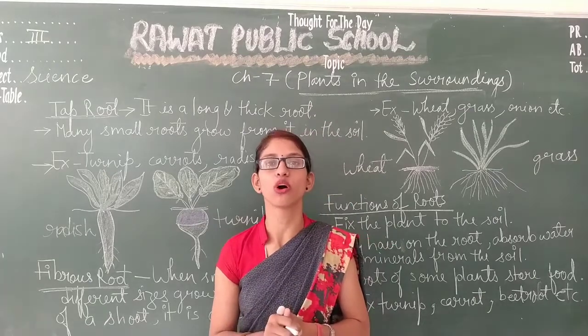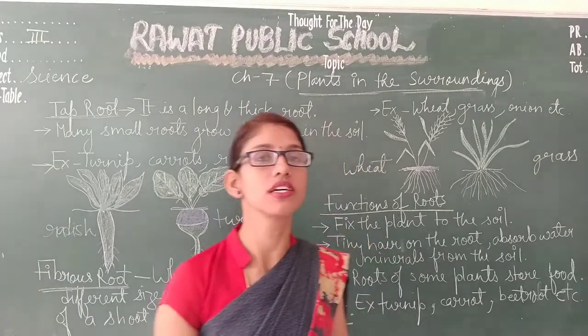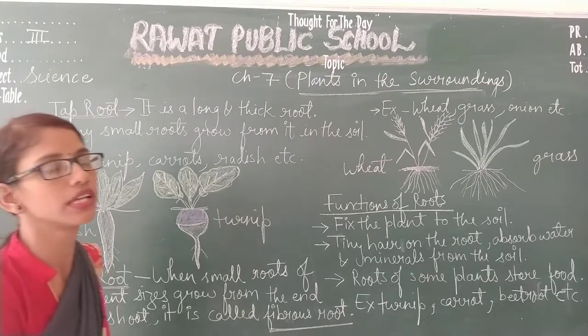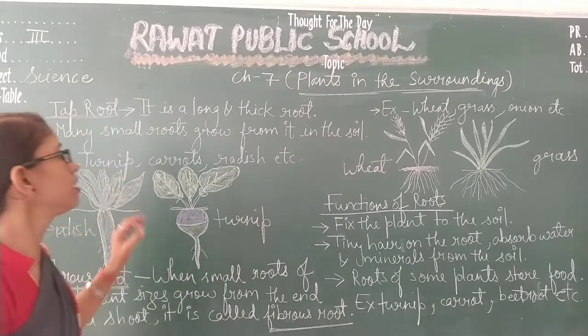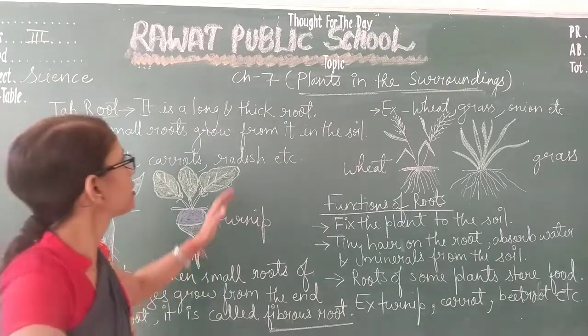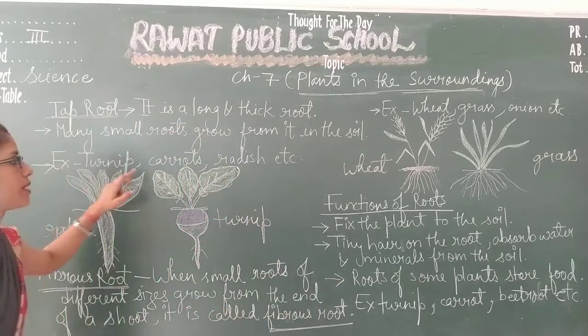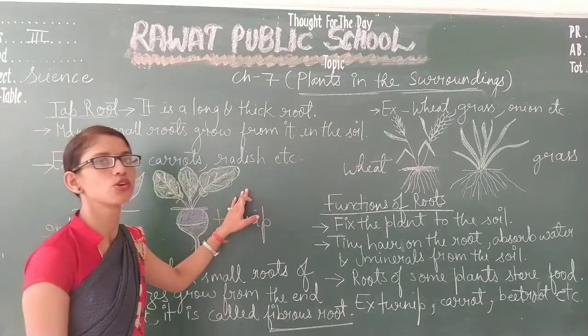After that we discussed that there are two types of roots, taproot and fibrous root. Taproot is a long thick root from which small roots also arise in the soil. Examples are turnip, carrot, radish, etc.